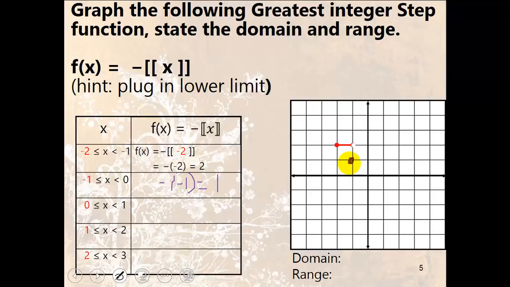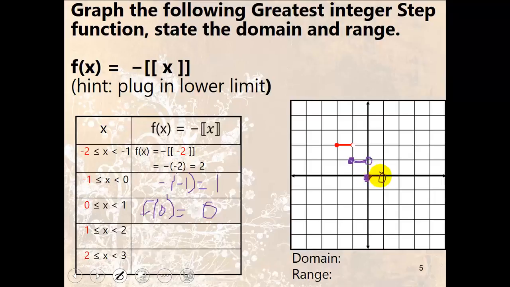And then it stays at 1 until I get to x is 0, and then it's open. And then I'm plugging in a 0, so f of 0 is equal to the opposite of 0, so that's just 0. So it's closed on the left, open on the right.